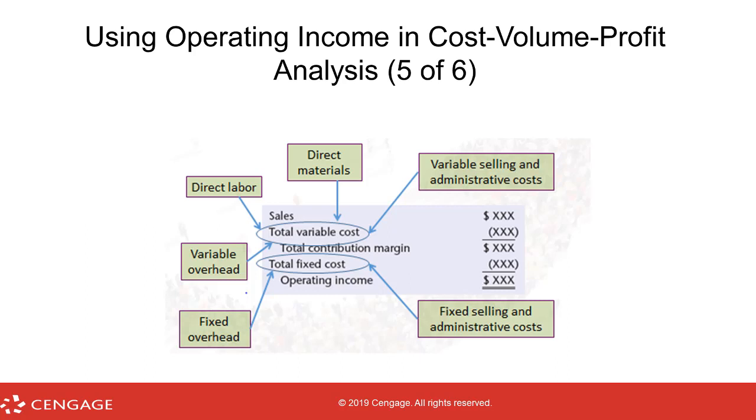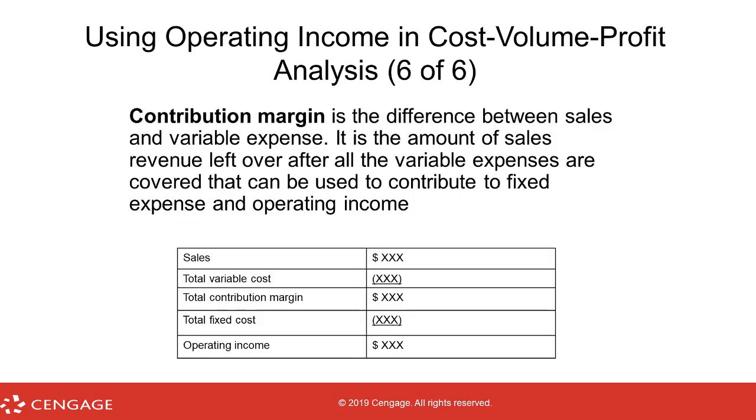The total contribution margin minus the total fixed cost, that's the fixed overhead and the fixed SG&A costs, equals your operating income. So we see that the contribution margin is the difference between sales and variable expenses. It is the amount of sales revenue left over after the variable expenses are covered that can be used to contribute to fixed expense and operating income.